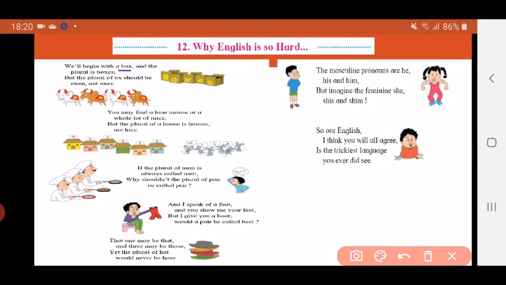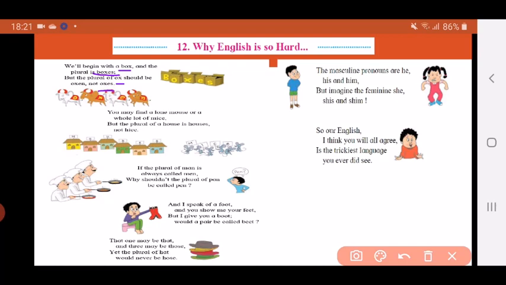What is the plural of box? We add es to box. So the plural becomes boxes. So this is the rule that we studied to add es. Now if I use the same rule and make the plural of ox, if I add es, the plural should have been oxes.